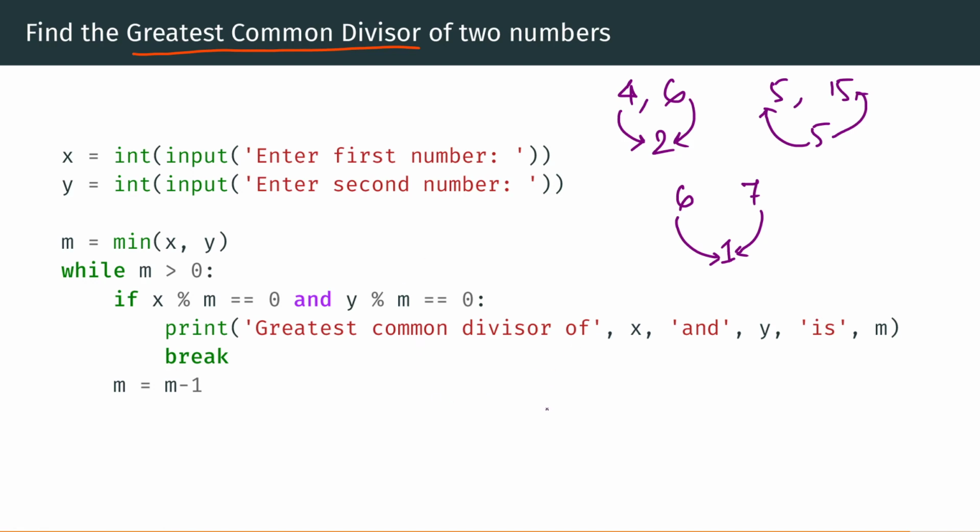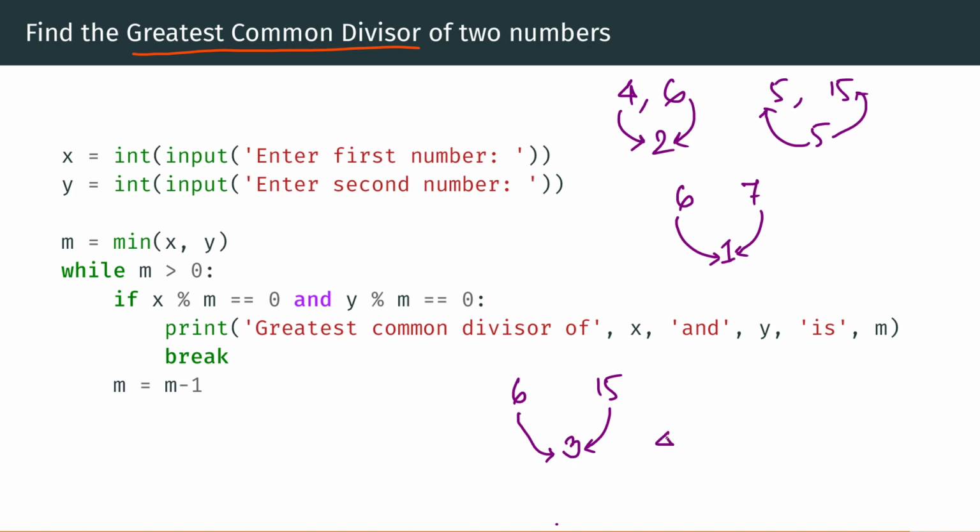Another example, let's try 6 and 15. What is the largest number that divides 6 and 15? The number is 3, right? 6 divided by 3 is 2, 15 divided by 3 is 5. So that's it. You cannot have a larger number.